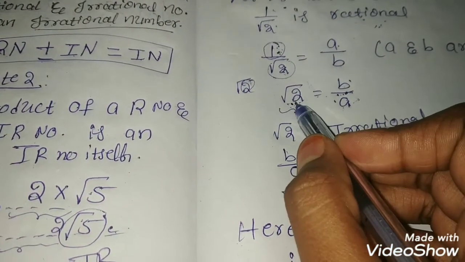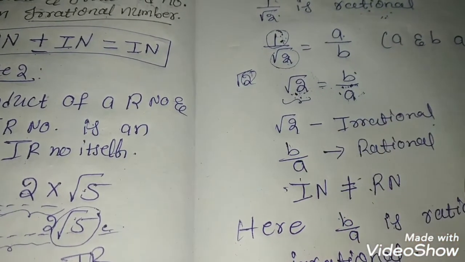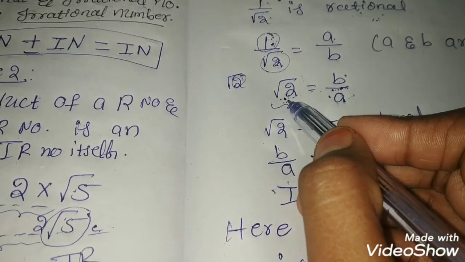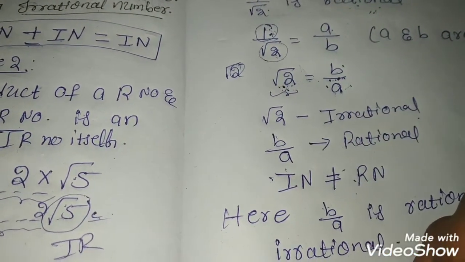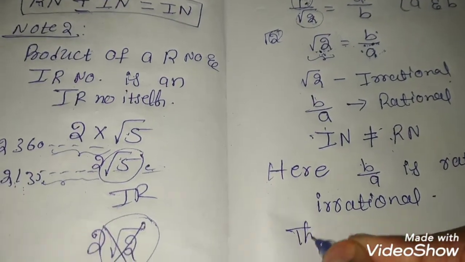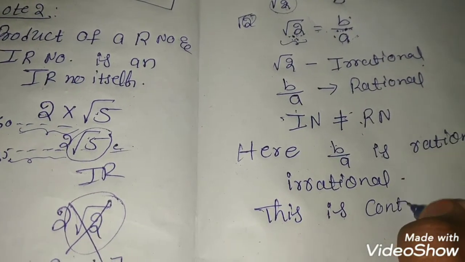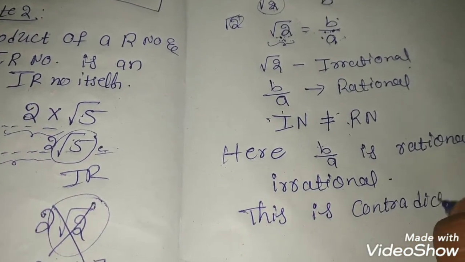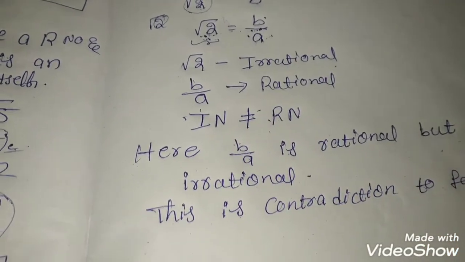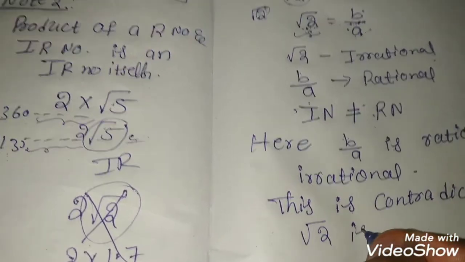In the left side also you have to get a rational number, then our assumption is correct. But here what we get is an irrational number. So our assumption is wrong. Okay. So this is a contradiction to the fact that root 2 is irrational.